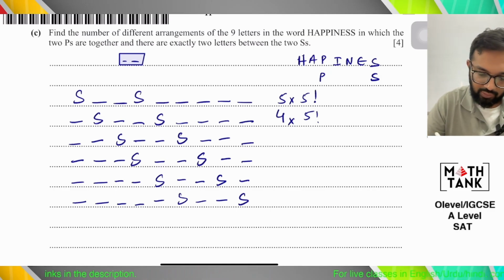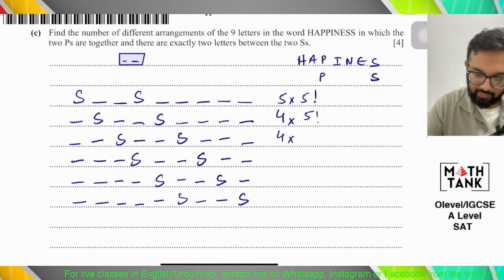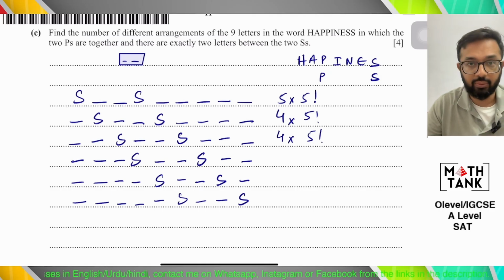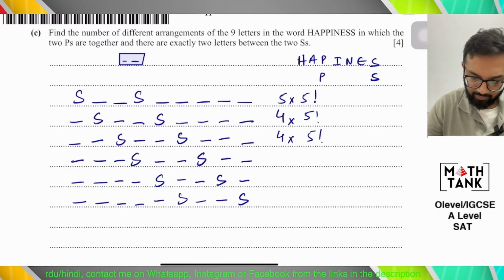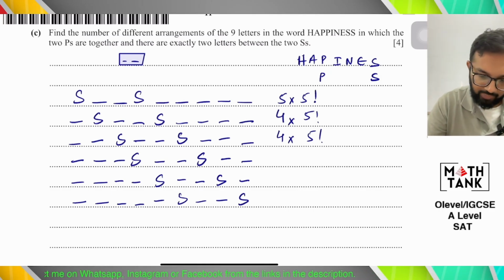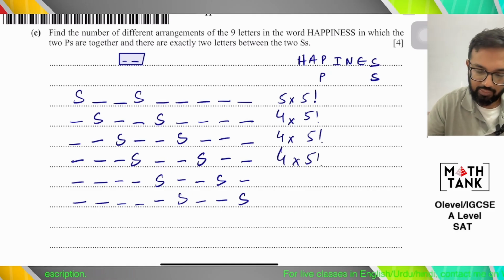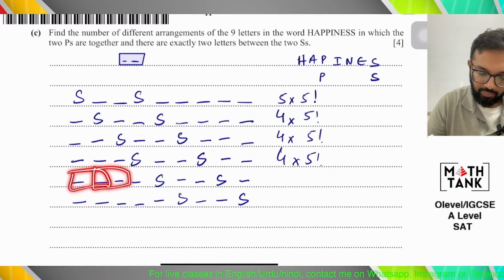Similarly, 1, 2, 3, 4. 4 places, and then the others are 5 factorial because they're always 5 factorial that way. Then 1, 2, 3, 4, and 4 into 5 factorial, and then 1, 2, 3, 4.